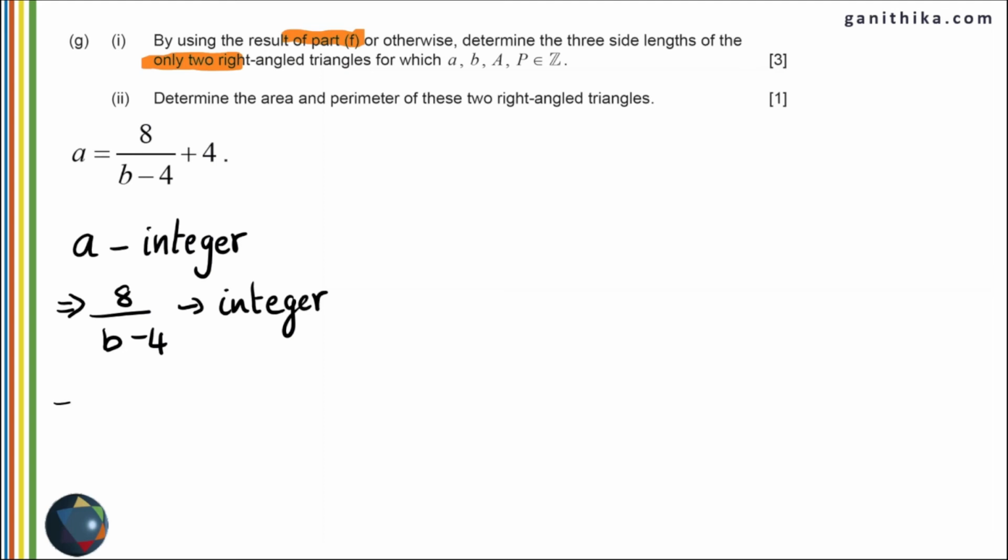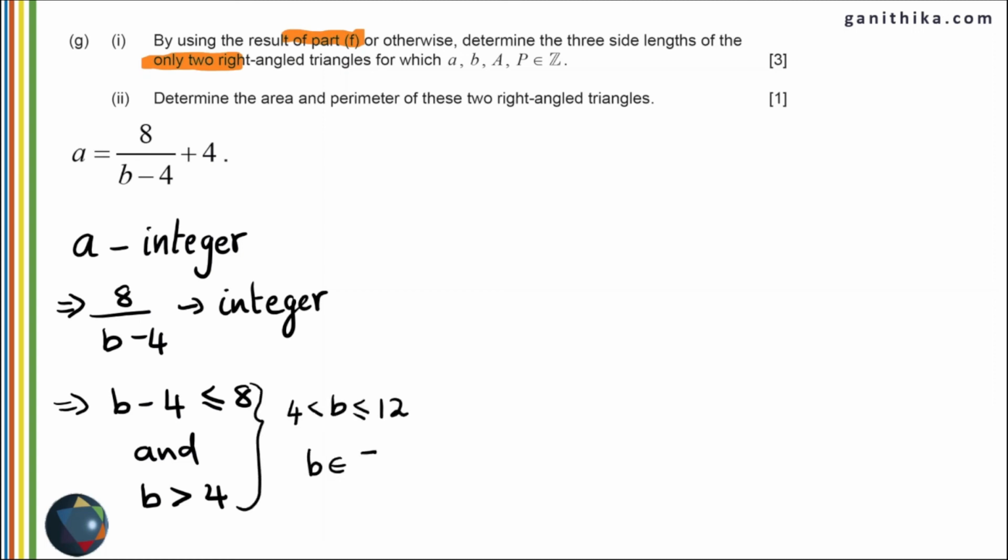Also note that b minus 4 should be less than or equal to 8, because if it is more than 8, it becomes a fraction. And it should be more than 0 so that it doesn't give you a negative value. Therefore, using these two conditions, your b value should be between 4 and 12, including 12 and not including 4. So the values of b are going to be 5, 6, 7, 8 all the way to 12.